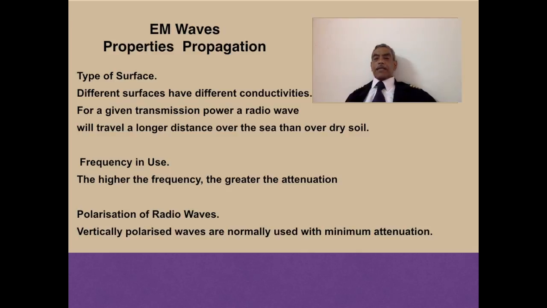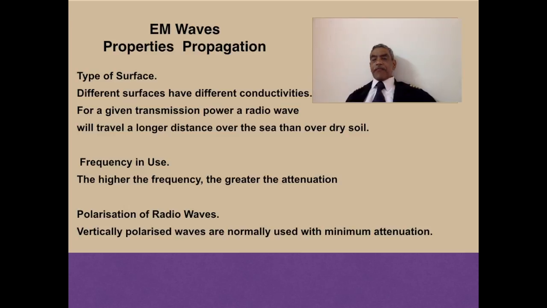The higher the frequency, the greater the attenuation. So we already saw that at lower frequency ranges, it's able to travel much longer distances. One of the reasons is that attenuation itself is much higher for higher frequencies. And of course, polarization.